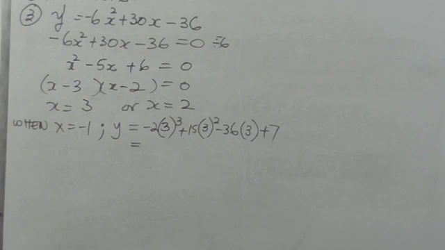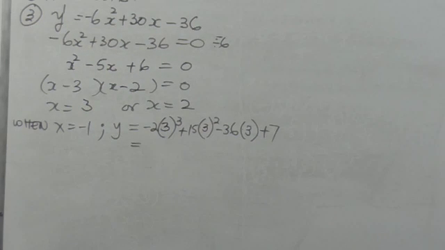Negative 2 times 3 cubed plus 15 times 3 squared minus 36 times 3 plus 7 is equal to... something's gone wrong, let's double check this.